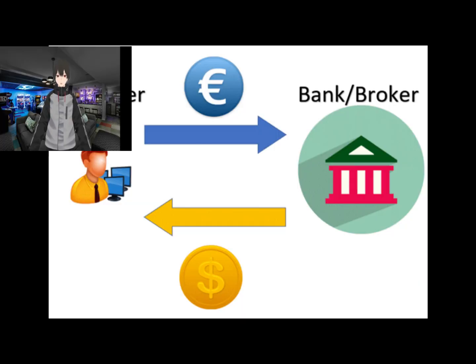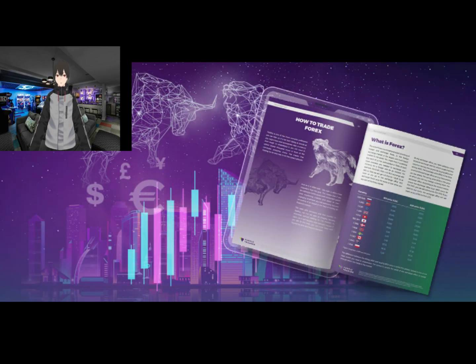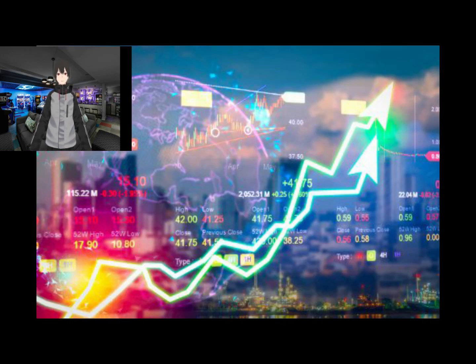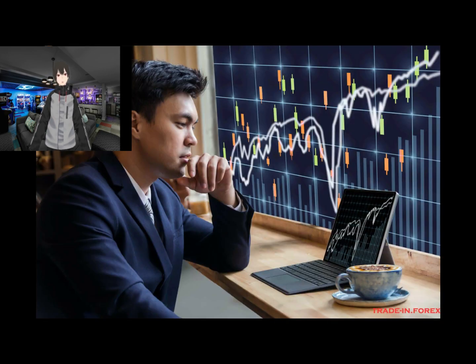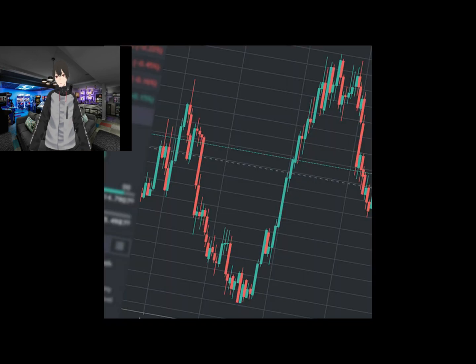The exchange rate of a currency pair indicates how much of the quote currency is required to purchase one unit of the base currency. Forex traders use technical analysis tools such as charts and indicators to identify trading opportunities and make informed trading decisions.